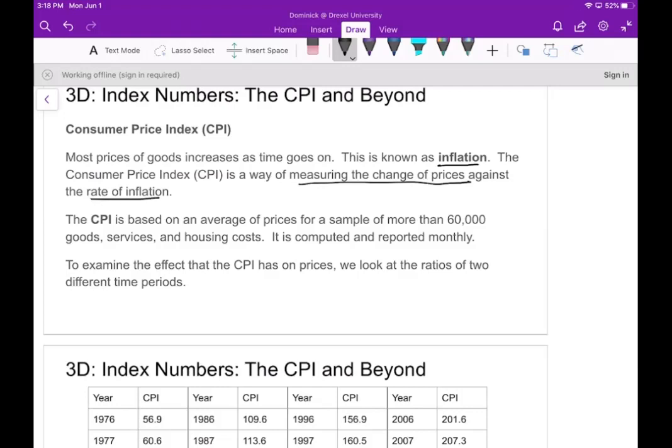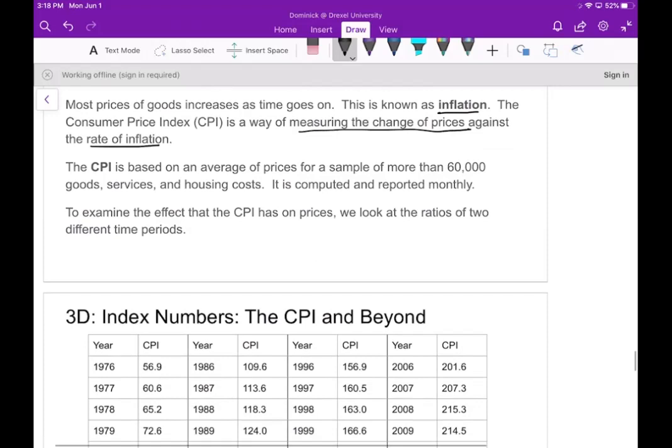So are prices increasing faster or slower than or about the same as the rate of inflation, right? So the Consumer Price Index is based on the average prices for a sample of more than 60,000 goods, services, and housing costs, right? So it gives you a good sort of general description of how prices are being computed, right?